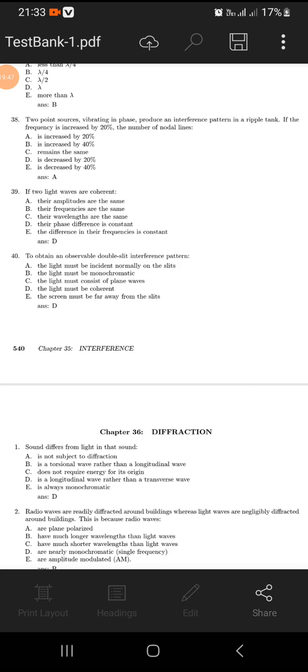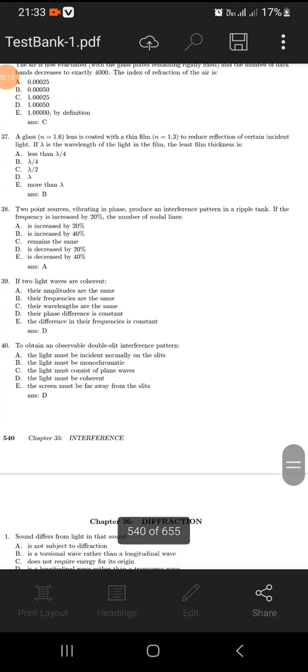To obtain an observable double slit interference pattern, the light must be coherent. The phase difference must be constant. Therefore, the light must be coherent. Constant, 20%, therefore lambda over 4.